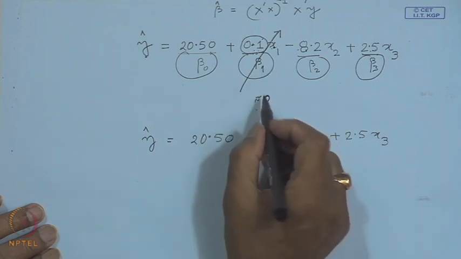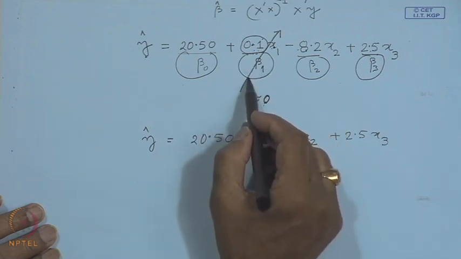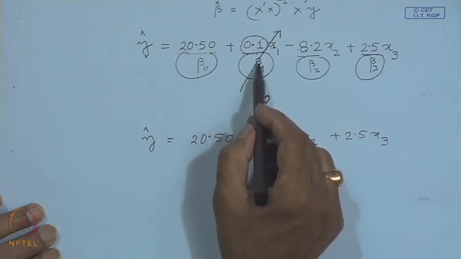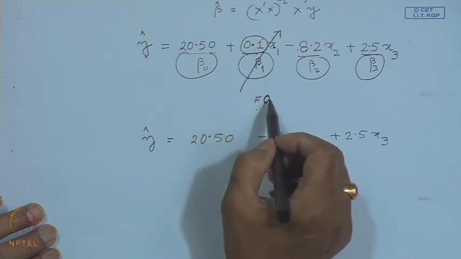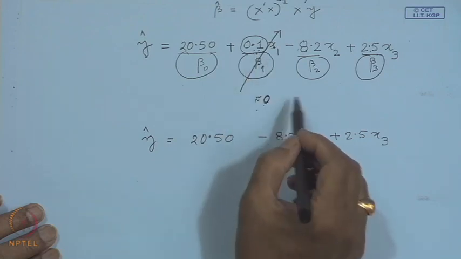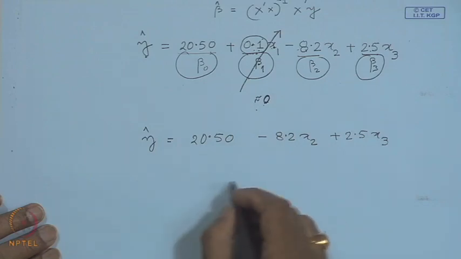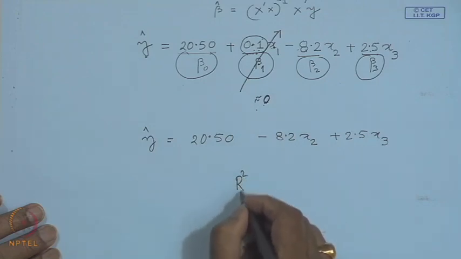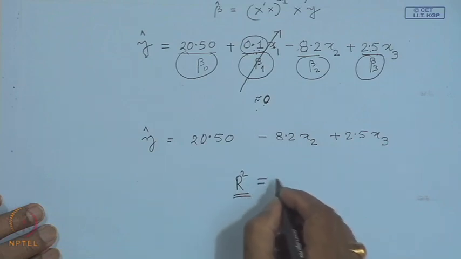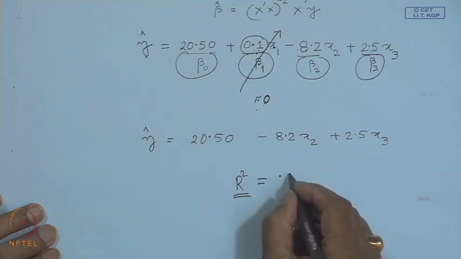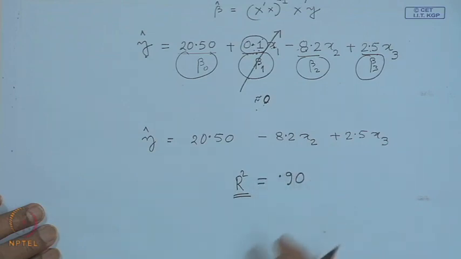So, t statistics help to find out whether a coefficient is significantly different from 0, and at what level of significance. And as I said, an R square value of, let us say, 0.9 tells us that 90% of the variation in y is explained by these three factors.